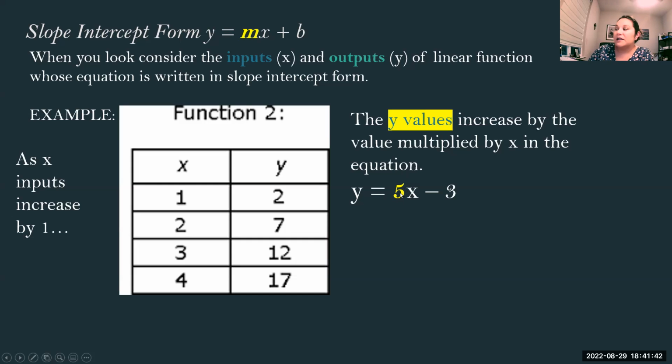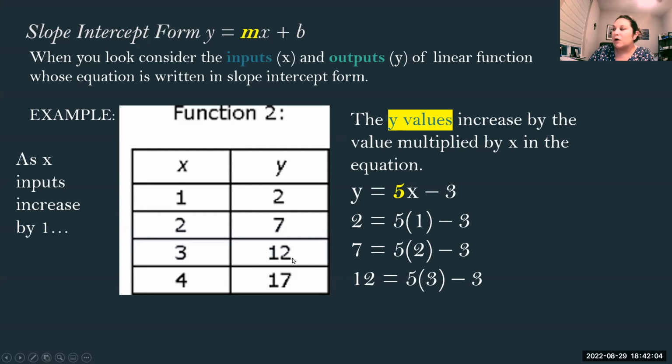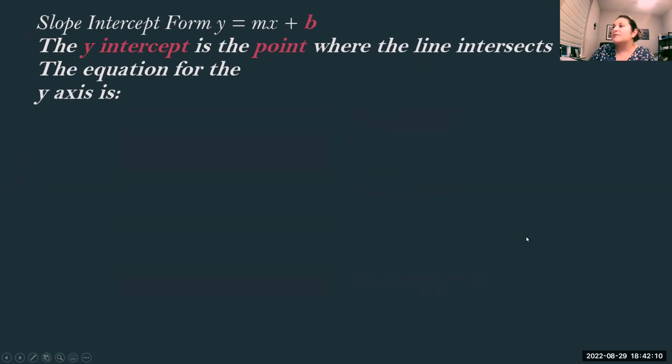That pattern is the number in front of the x in the equation, and that's referred to as the slope of a line. This is why they call it slope-intercept, because you see the slope, and the intercept is not that easy to see. So 5 subtract 3 is 2, 10 subtract 3 is 7, 15 subtract 3 is 12. So 5 times the x, take away 3, you're going to see the y values increase by 5 every time.